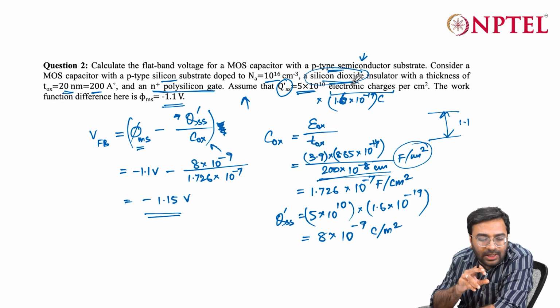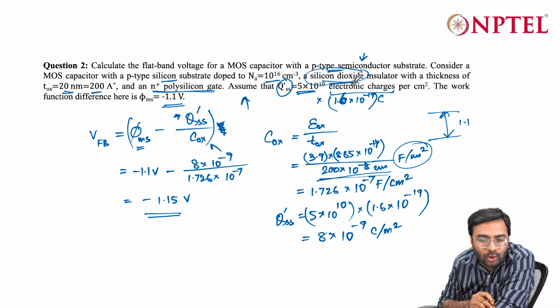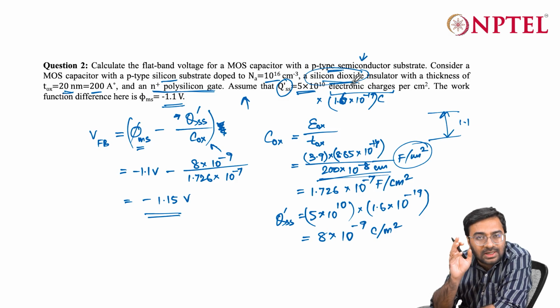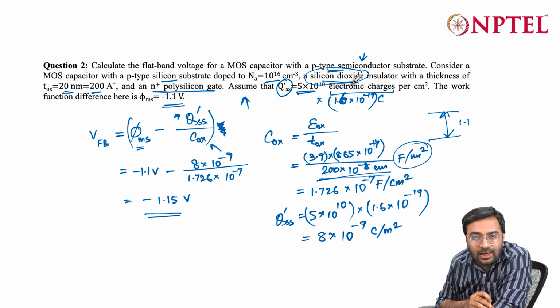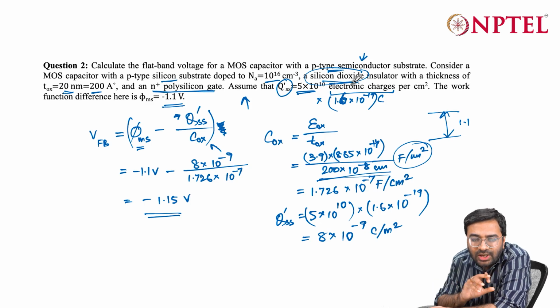What will happen if say this gate material is not N plus polysilicon but something else? For example, in the last question it was aluminum. So, these are some critical thinking that you can always do and keep as homework. If you sit with the problem for half an hour, you can actually make 50 new problems from the same problem only. Just by changing some information here and there, it becomes a different problem, right?